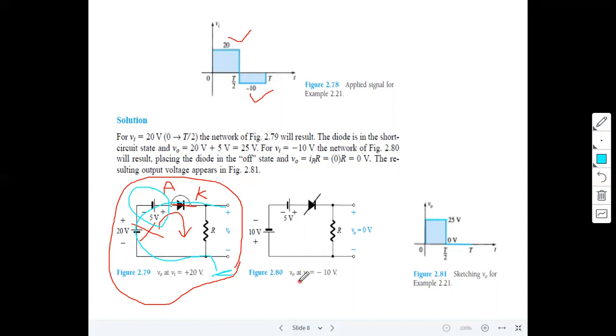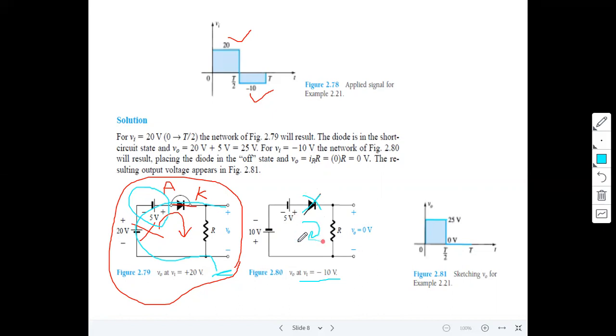Then whenever the input is minus 10 volts, here it is minus 10 and here it is plus 5, both with opposite polarities. The result is minus 5 volts. For minus 5 volts, the diode is in reverse bias, an open circuit. When the diode is an open circuit, the current I is equal to 0.